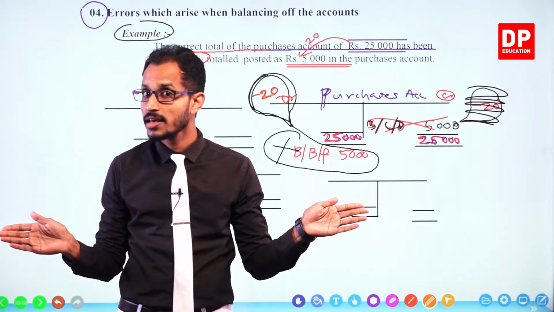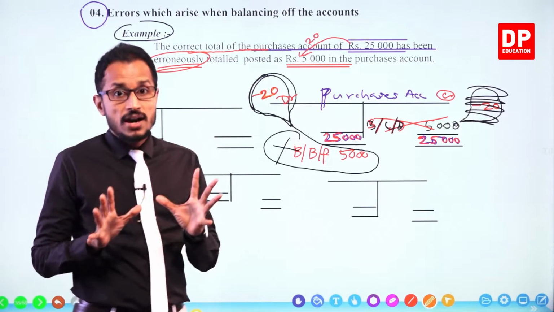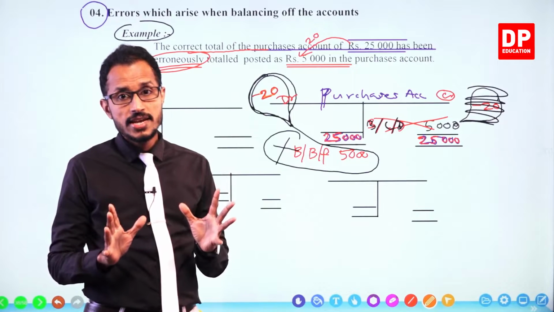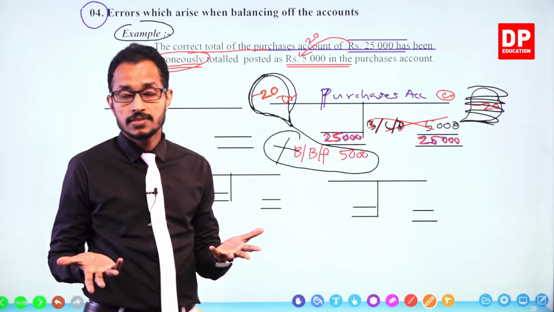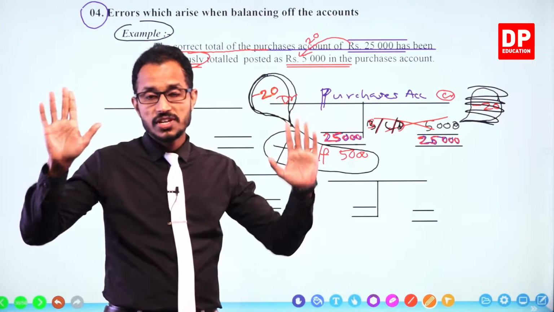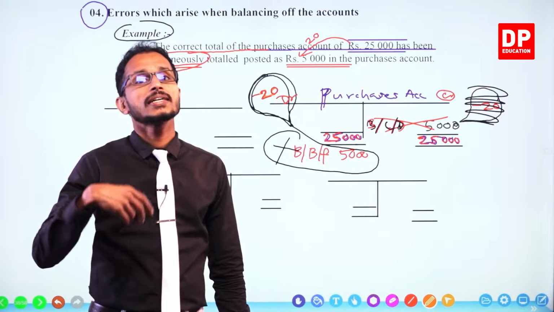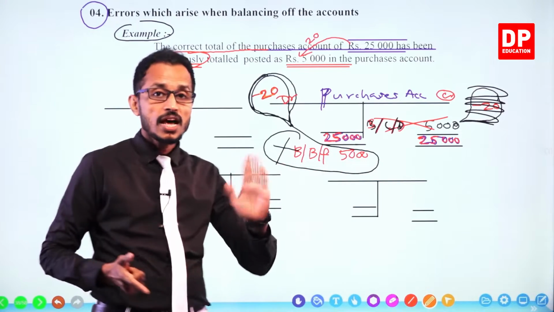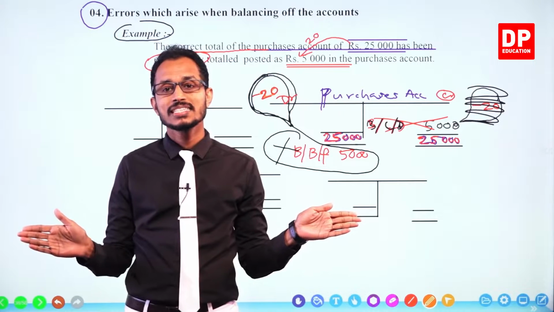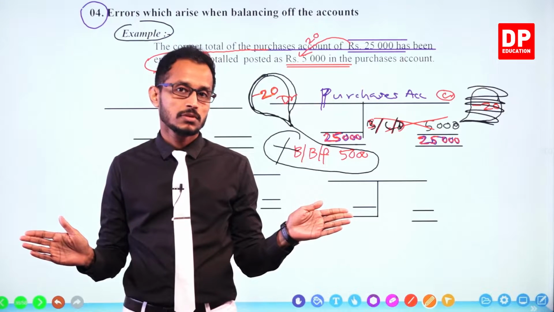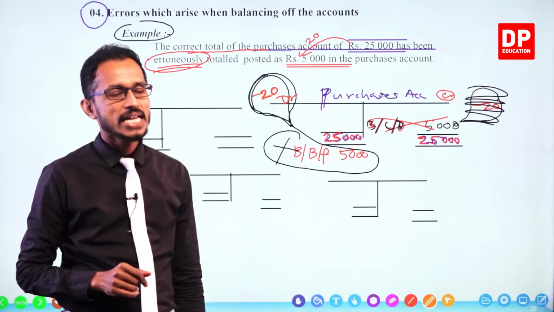What? Yeah, suspense account. Credit to the suspense account. Remember, children, every error, if it is affecting the trial balance, those errors you must correct, and when you are correcting, out of the double entry, one entry must go to the suspense account for every error which affects the trial balance.